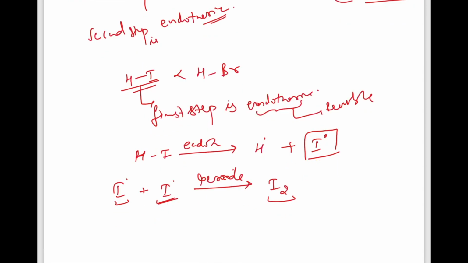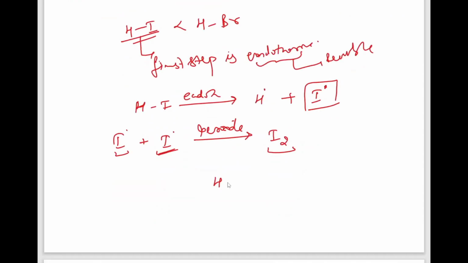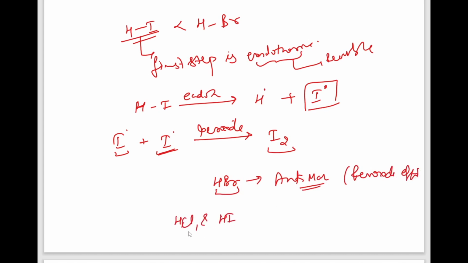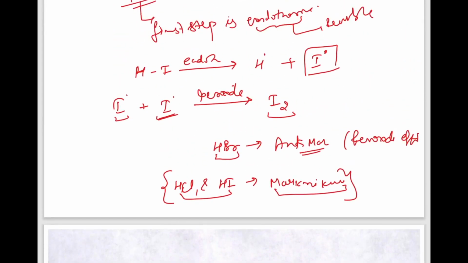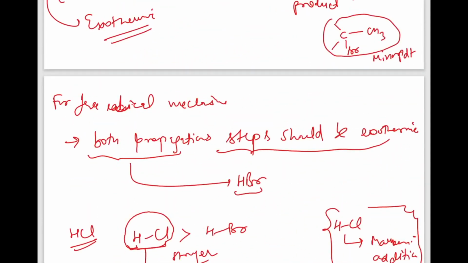So overall our conclusion is that HBr shows anti-Markovnikov addition, that is the peroxide effect. But in the case of HCl and HI, these show Markovnikov addition, and in these cases the other product will be our major product. Let's take an example like this.